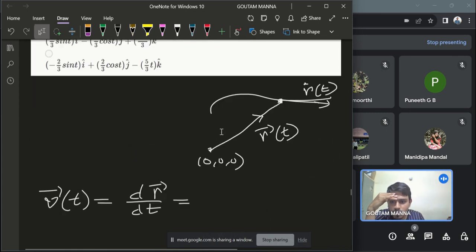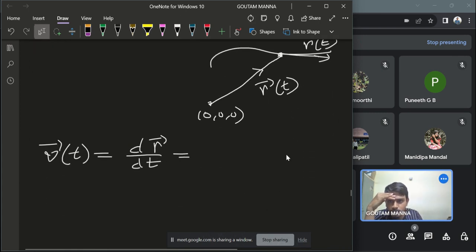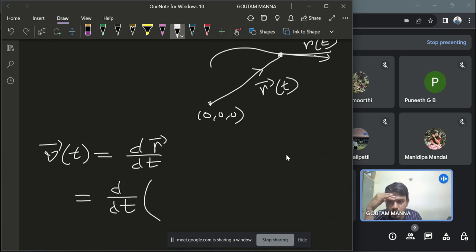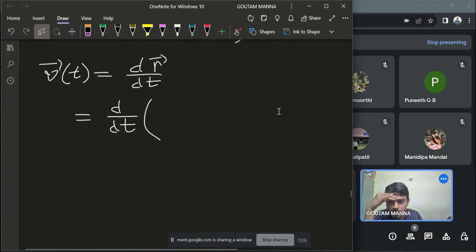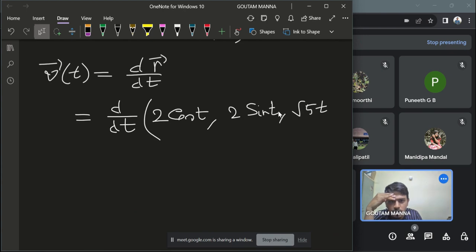Now dr dt will be the d dt of r, which has its 3 components, 2 cos t, comma 2 sin t, comma root 5 t.